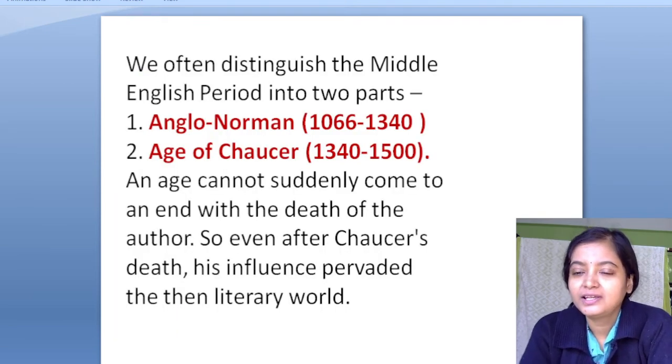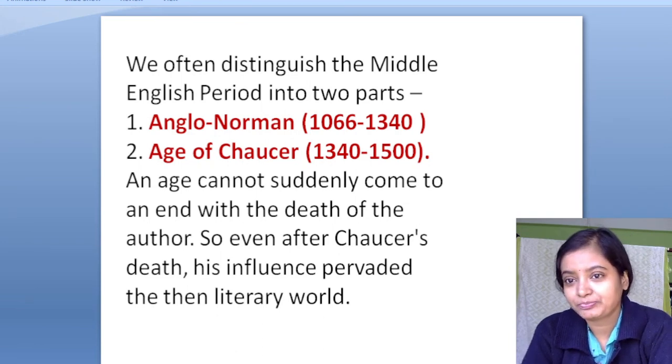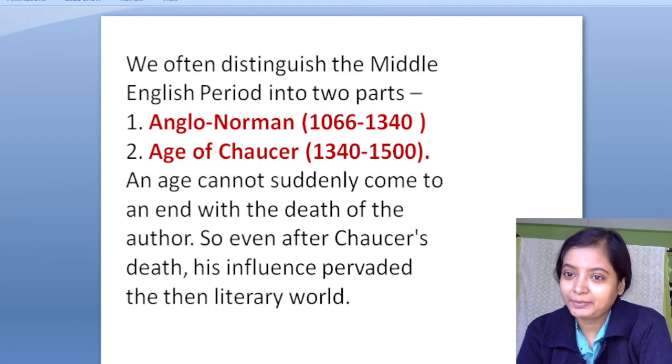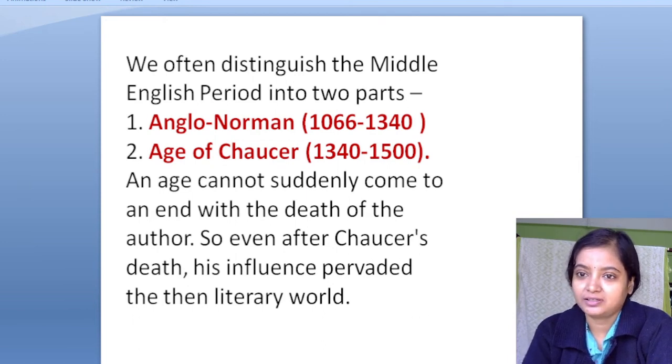We often distinguish the Middle English period into two parts also. The Anglo-Norman period and the Age of Chaucer. Some historians and writers don't like the division we made in the previous section, because they say that after Chaucer's death, the age cannot stop suddenly, because Chaucer's influence was working even on British soil.